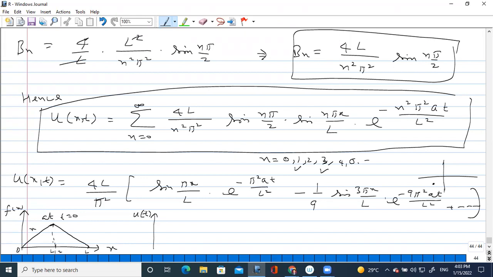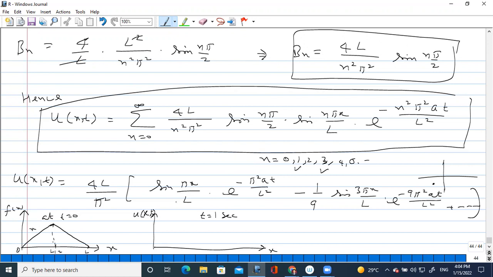That also you can take. It is u(x,t). So this is your u(x,t), and if I draw it with x at a particular time, suppose at t equal to 1 second, so this is near the initial time, so just leave the exponential term, because I have put t as 1.